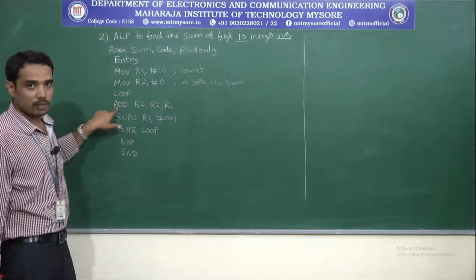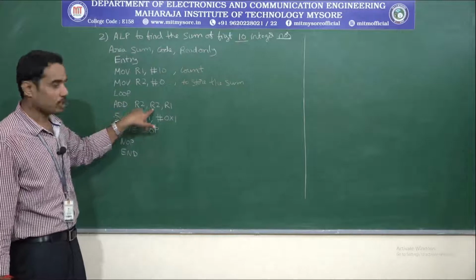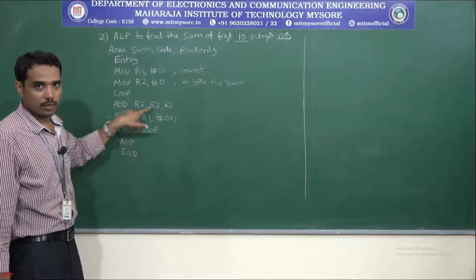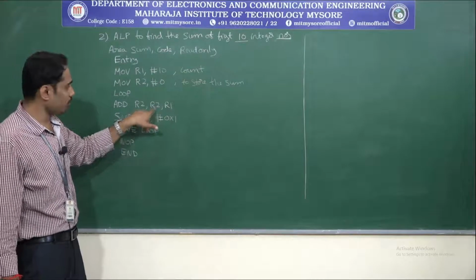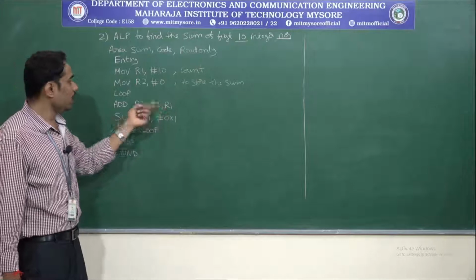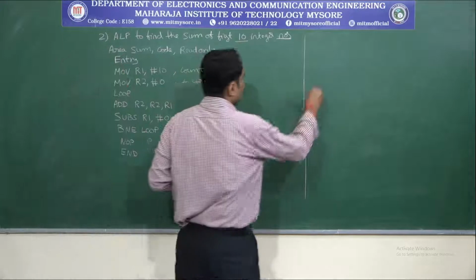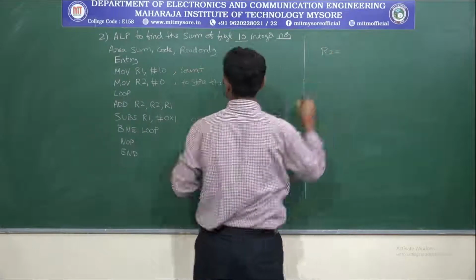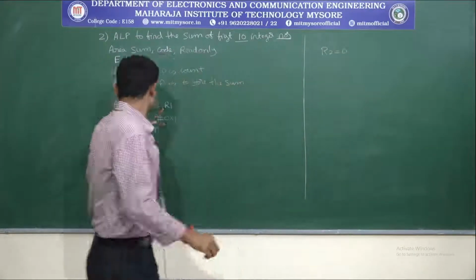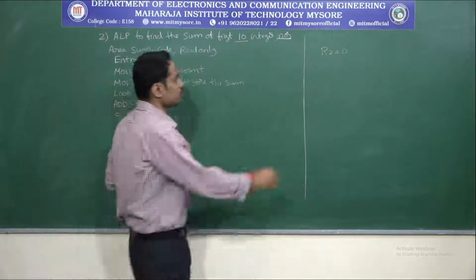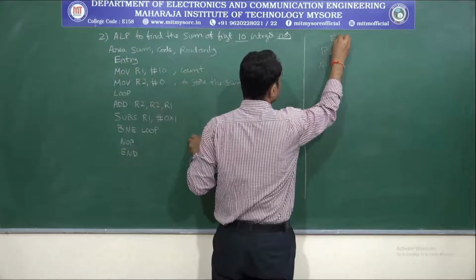The first is, here we are making use of the ADD instruction, that is ADD R2, R2, R1. This is a 3 operand instruction in which the contents of R2 and R1 are added and stored in the destination register R2. Here you know that R2 is equal to 0 before execution and R1 is equal to 10 before execution.